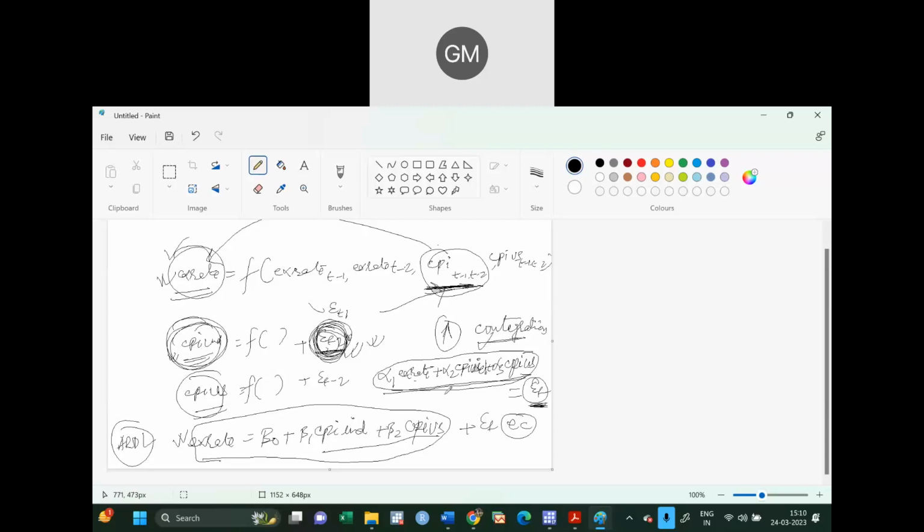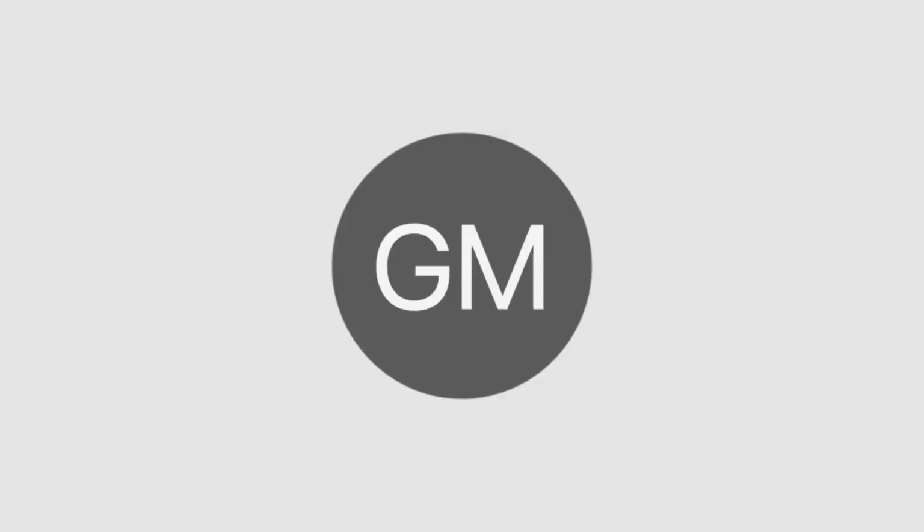However, if some of the variables are stationary and some are non-stationary, then it's good to go with the ARDL model. You can take different lags as well in the case of ARDL, and you can specify one as the dependent and others as the independent variables. So that's how you can differentiate between ARDL and cointegration.